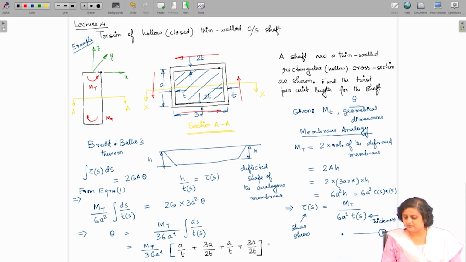So, if we simplify this, then this is mt by 36. Sorry, I have missed the g.